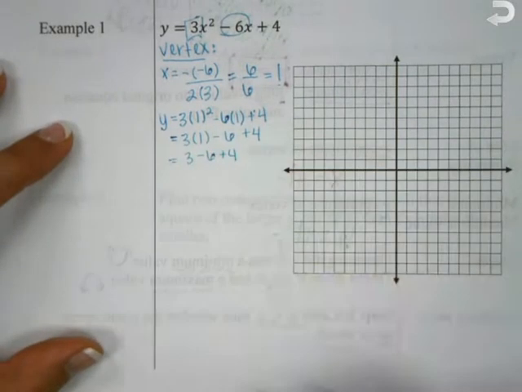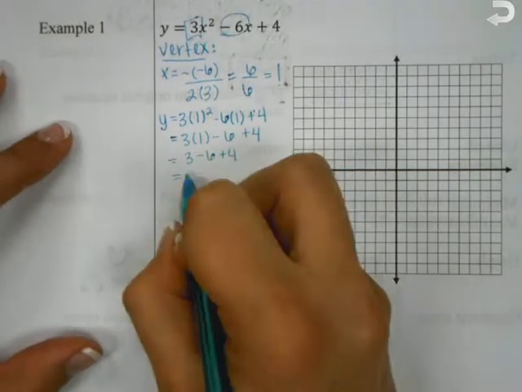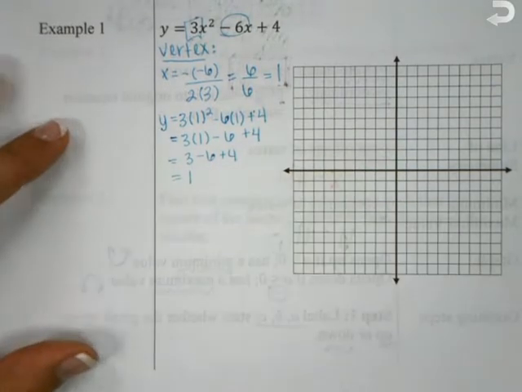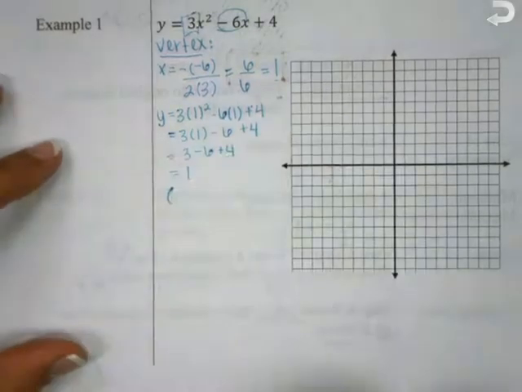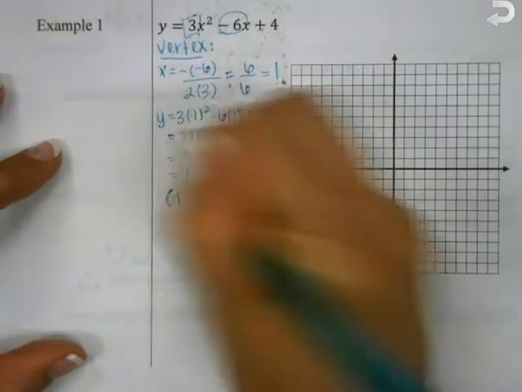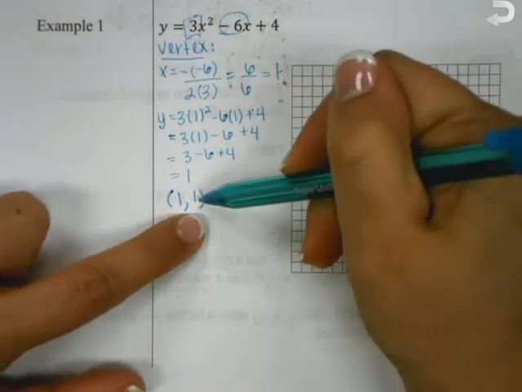So what is my vertex? 1, comma, 1. The vertex is a point, so you have to have x first and then y. So let's graph the vertex right now. 1, 1. So that's right here. And then I want you to label it.